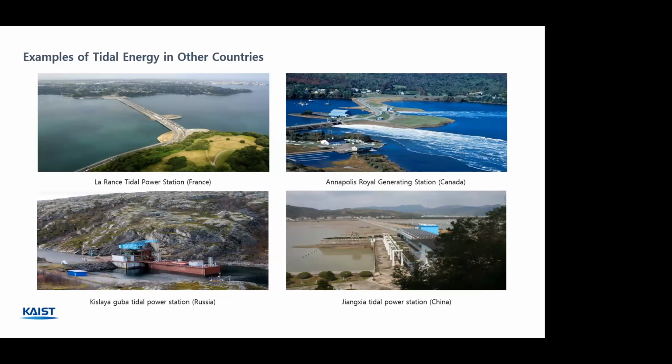The following are examples of current operational tidal power plants in other countries. First is Rance Tidal Power Station in France, second is Annapolis Royal Generating Station in Canada, third is Kislaya Guba Tidal Power Station in Russia, and final is Jiangxia Tidal Power Station in China.